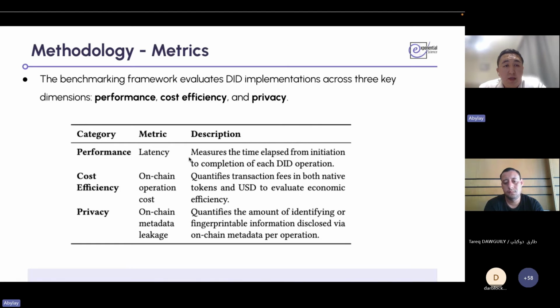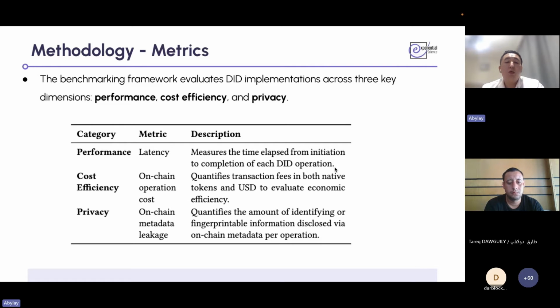And the metrics in this benchmarking framework are latency, which measures the time elapsed from initiation to completion of each DID operation. In this project, we focused on just basic DID operations, like creating your identifier, updating, resolving, and so on, and tested them in terms of latency, cost, and also on-chain metadata leakage.